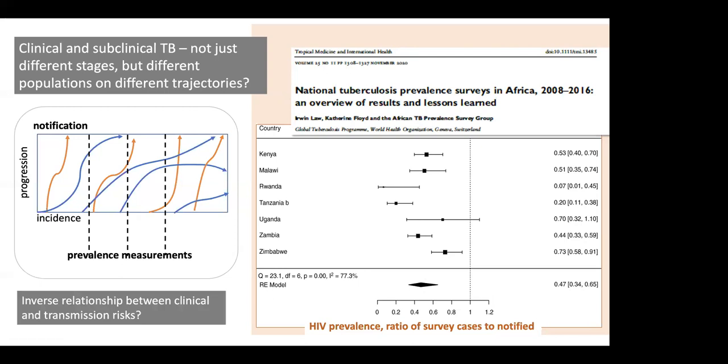So it's not just that subclinical TB is people earlier on the same disease course, but potentially totally different subpopulations on different disease trajectories. And there's potentially an inverse relationship between the risk of clinical morbidity and mortality, contributing to poor clinical outcomes, versus the people who are spending a lot of time with TB in the population and potentially contributing to transmission risk.